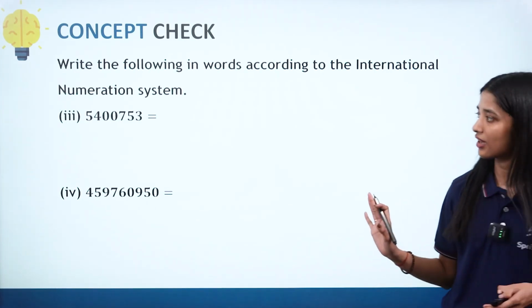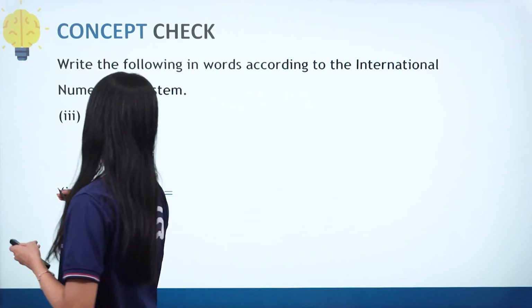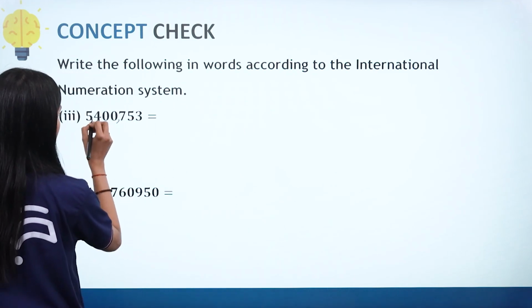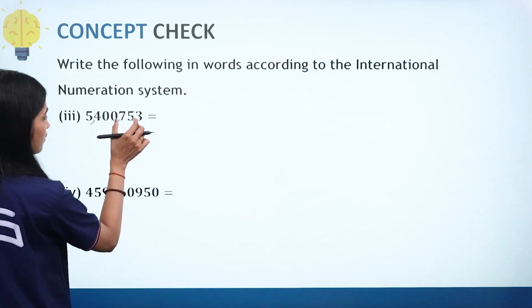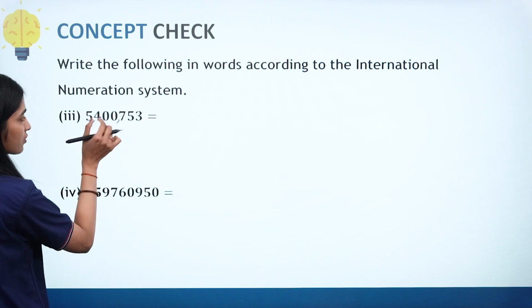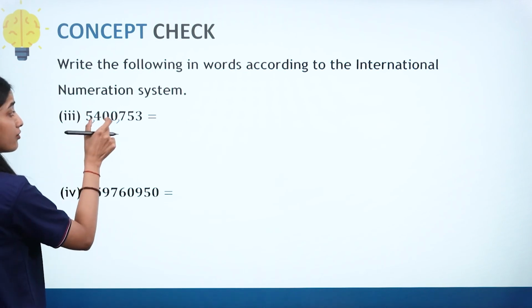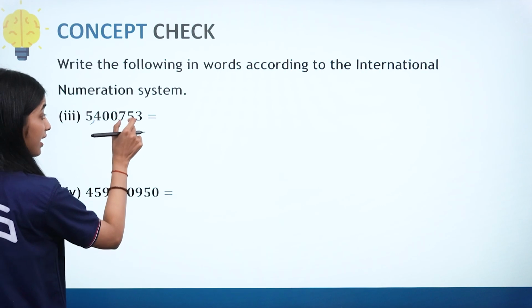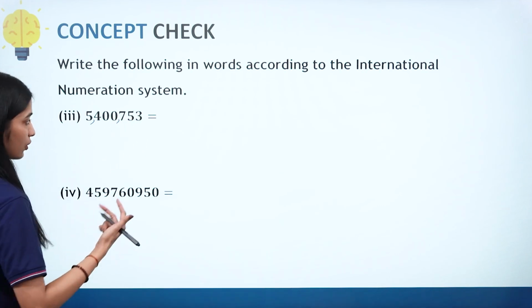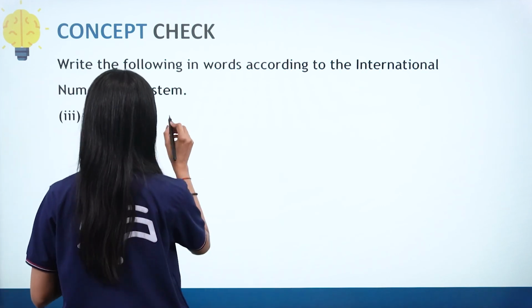Then the next numbers are these. When we put the commas, the first comma will come here, the second comma will come here. Now this group is for ones, this is for 1,000, and this is for millions. So this number will become 5,400,753. If you want, I can just write it.